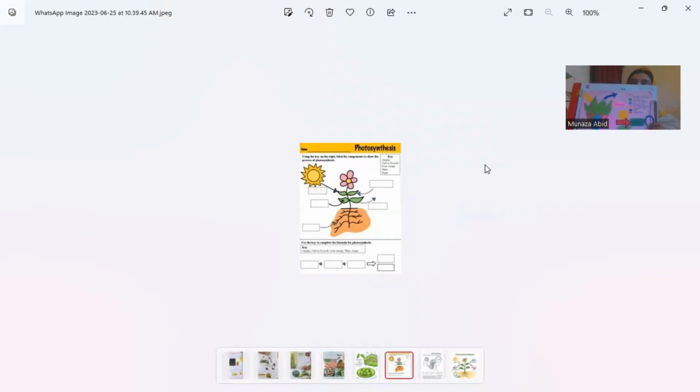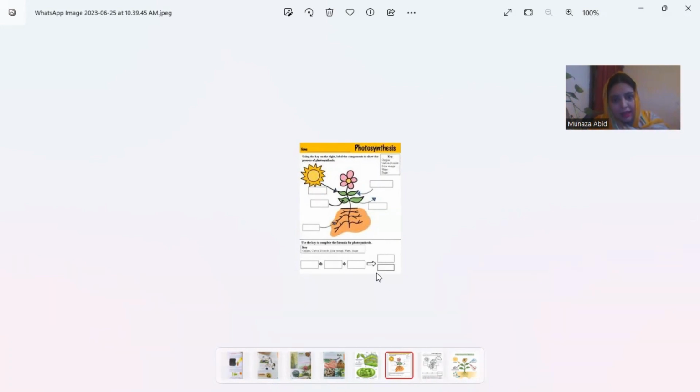See, this is a plant. It is very clear. The plant absorbs carbon dioxide and water. This red process shows photosynthesis in the presence of sunlight and chlorophyll. It makes glucose and oxygen.